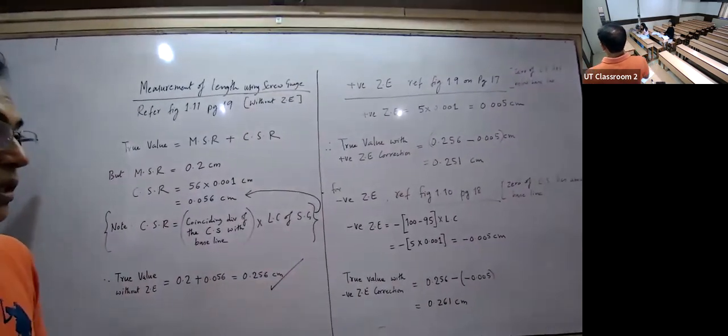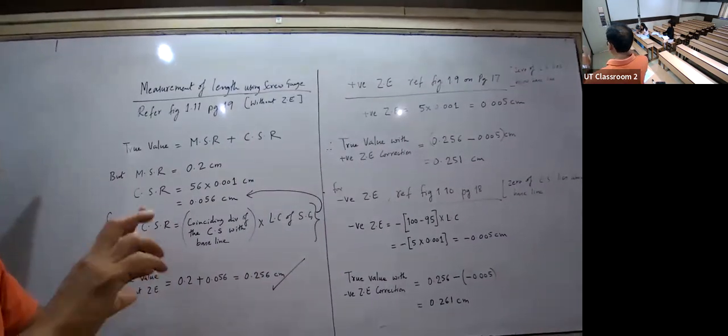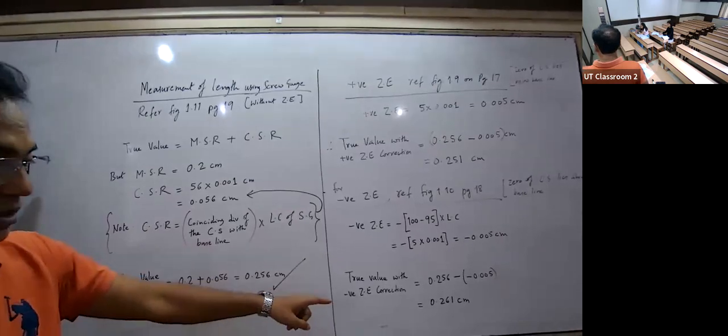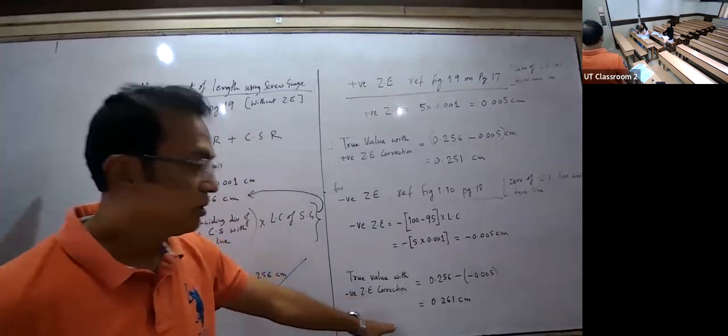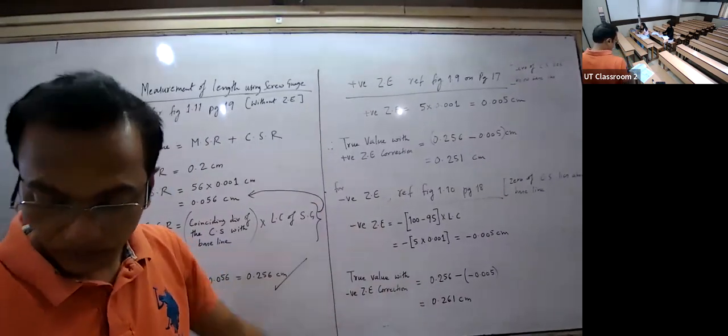So in the book they have given different diagrams, but now I have combined all of them to give you the true value measurement. So this calculation you may not find in it. Okay, they have only calculated different errors and left it.